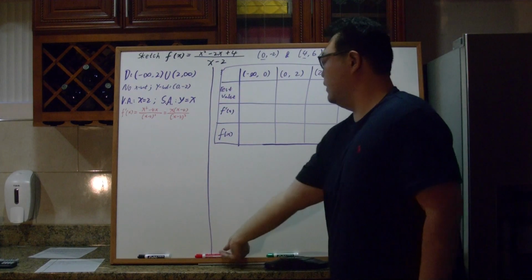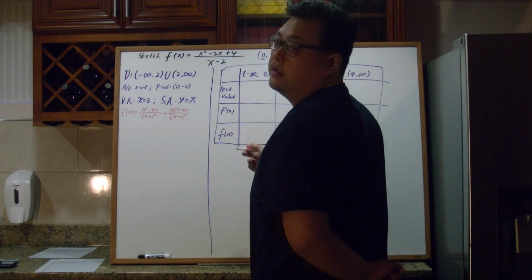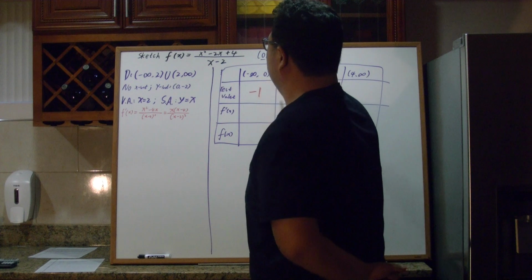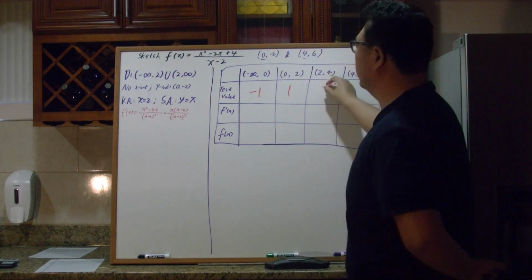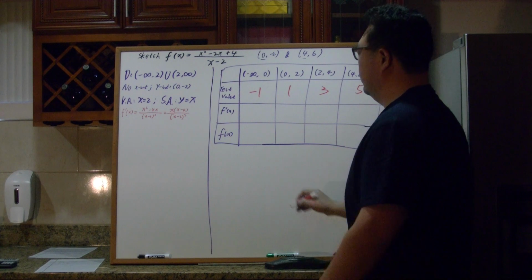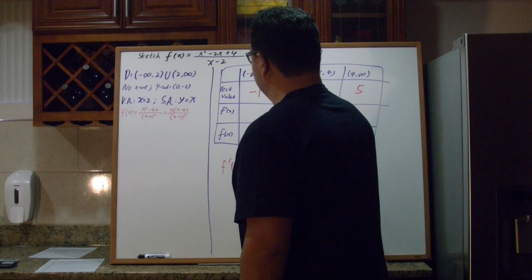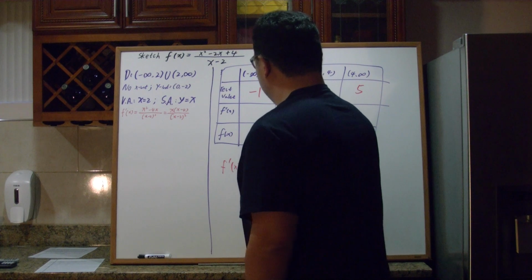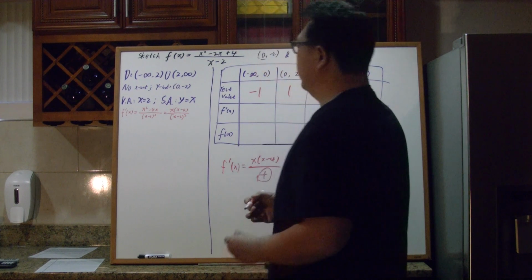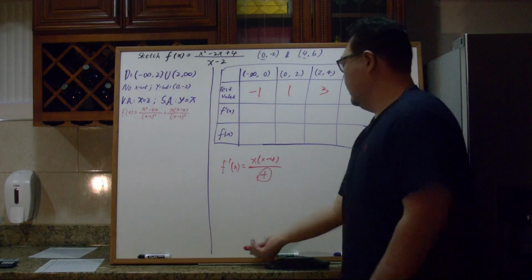Right, we could input any value we want for the test value, as long as it's in the interval. Negative 1, 1, from 2 to 4, 3 is the better one, from 4 to infinity, 5 could be a good one. We see that f prime of x, that is x times x minus 4, divided by a positive number, whatever it is, right? As long as it's not 2, it has to be positive.